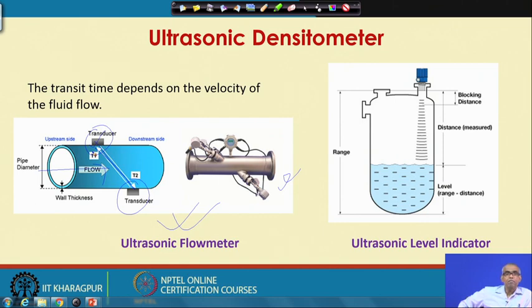So, you basically find out the time the ultrasound takes to cover this distance, and from that it is possible to compute the velocity of the fluid flow. In the real image, you can see the ultrasonic transducers are located across the tube through which there is a flow.